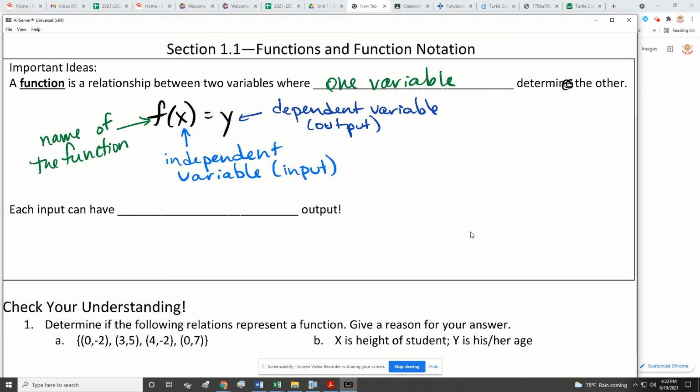So remember that each input can have only one output. That would be like the turtle being in two places at once. It can only be at one place at a time.